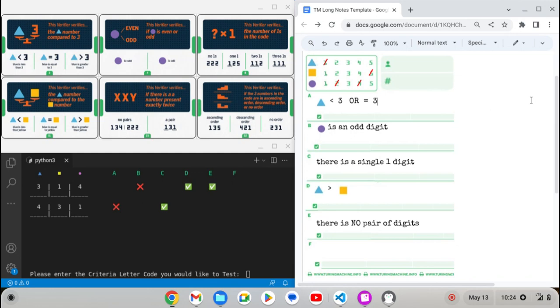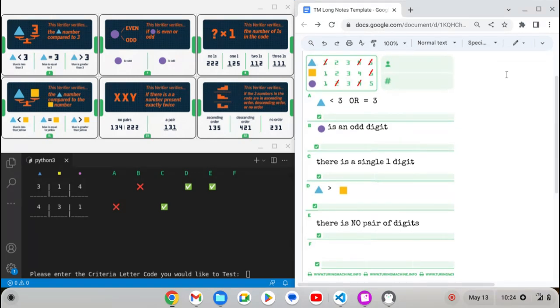Okay, so if it's not greater than 3, then it can't be a 5, right? And it can't be a 4. So we can eliminate those two choices for triangle. Can't be 4 and can't be 5.